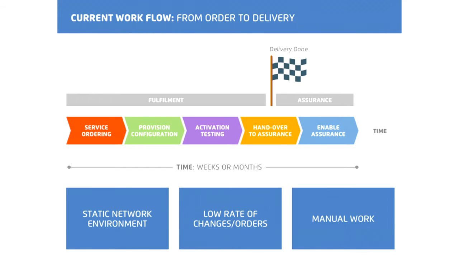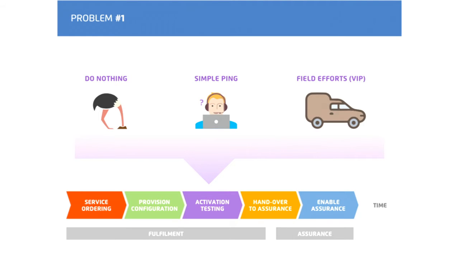If you zoom into the 3 last steps, the first problem is that far from all deliveries are thoroughly tested, and they're also lacking comprehensive birth certificates as an outcome. The main reason that this is not done is that it requires very costly field efforts and expensive equipment. So this is typically only done for VIP customers or premium customers.